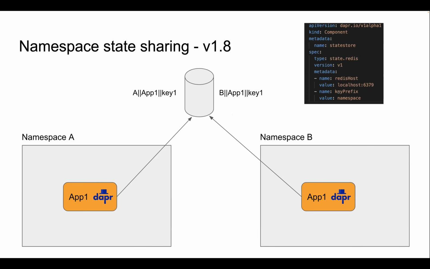So we've had state sharing strategies before, where applications inside of a single namespace could share all of the state from within a particular database, or all databases even. But in 1.8, we've introduced a new one called namespace. And this basically causes the following key construction strategy, where you have the namespace and then the app and then the key, which really allows you to use a single database for all of your operations.